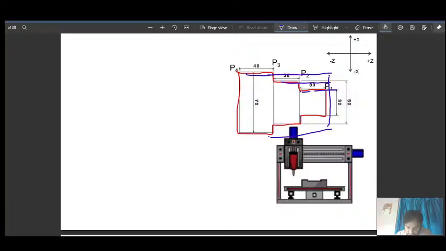So as you can see, to hold it you need a chuck, and you will hold it in a chuck. So this becomes your 0 0 position. From here you will measure all the dimensions.